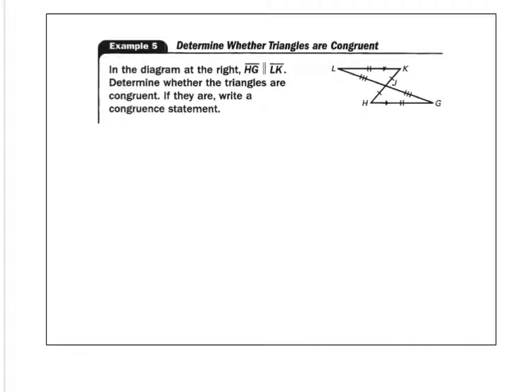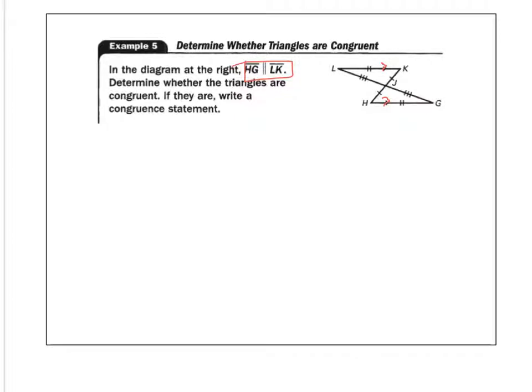When we have parallel lines, we should be thinking about these theorems concerning four sets of angles: alternate interior, alternate exterior, corresponding angles, and same side interior. Okay, so I want to highlight that HG is parallel to LK. Determine if these triangles are congruent.